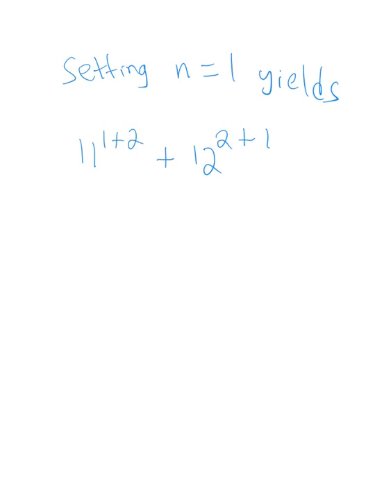So you can think of 11 to the 1 plus 2 as 11 times 11 squared. But what is 11 squared? 121. And 12 to the 2 plus 1, similarly, we can think of that as being 12 times 12 squared, where 12 squared is 144.